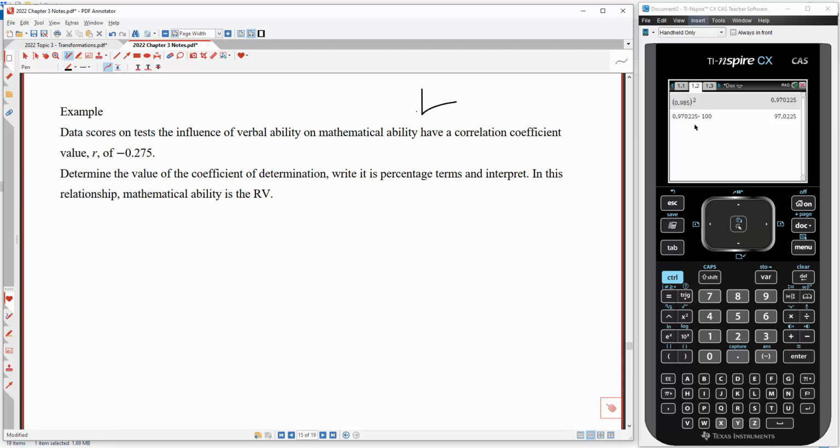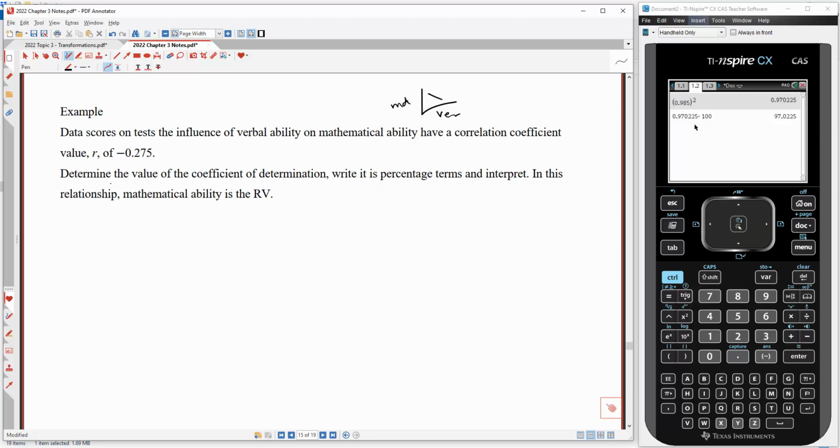Verbal is here and mathematical ability is there, so we're seeing how mathematical ability is influenced by verbal ability. It's negative, so it goes in this direction, but it's a pretty weak R value. In fact, it suggests pretty much no correlation between the two things.